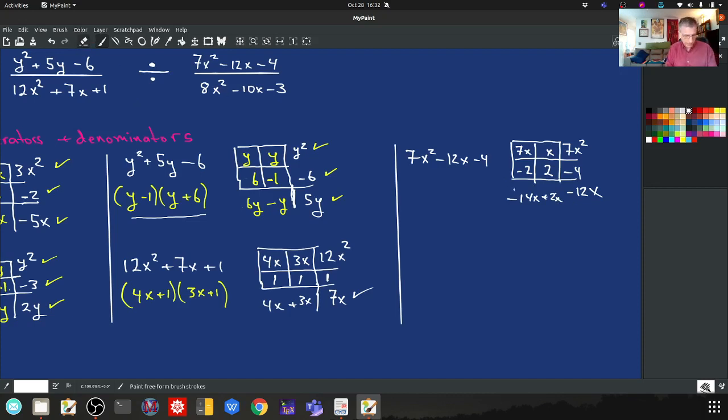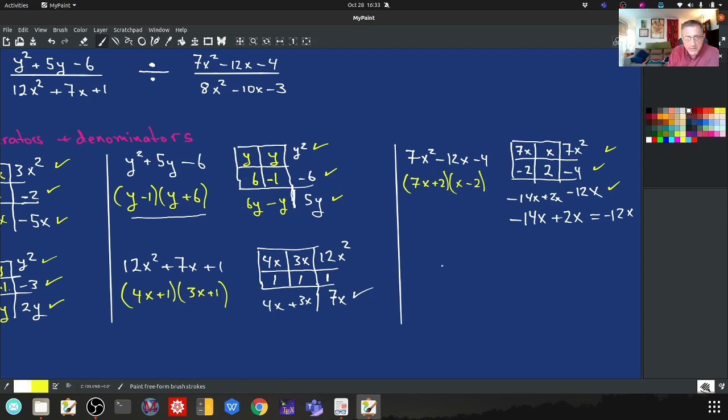Why am I running out of space here? Anyway, rather than erase things, that's minus 14x plus 2x. And indeed, that's equal to minus 12x. So they're all checked. And my factorization is 7x plus 2 times x minus 2.